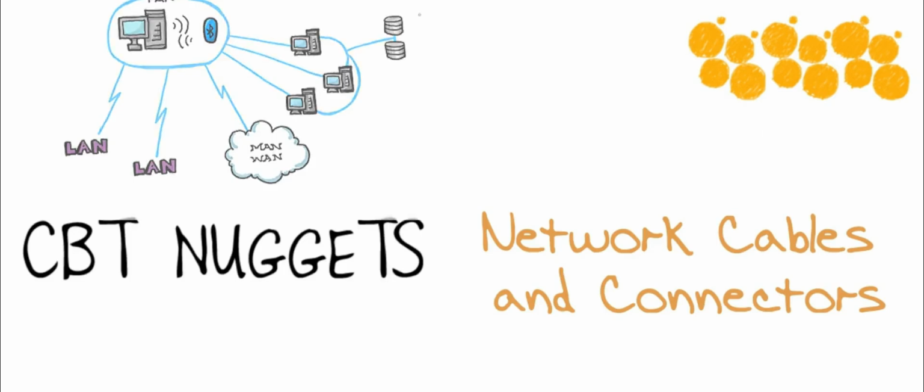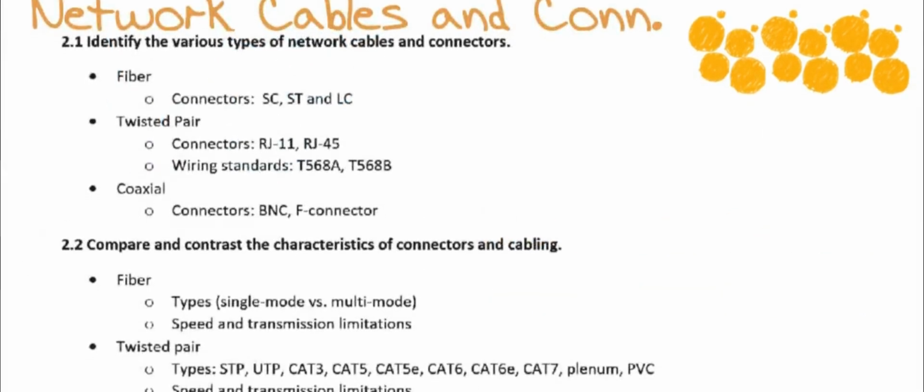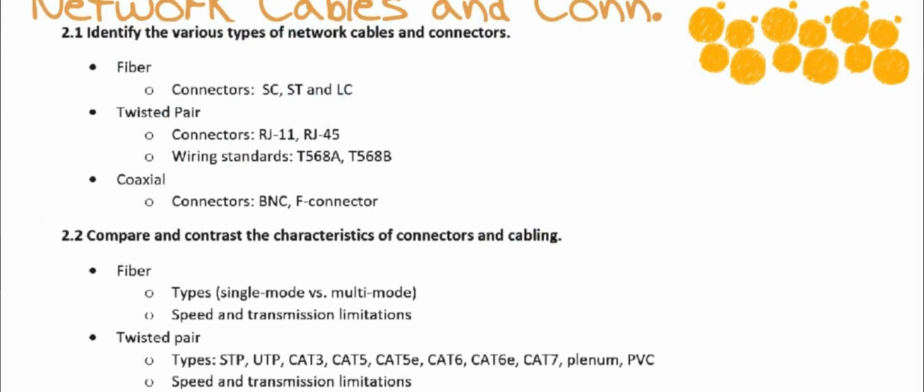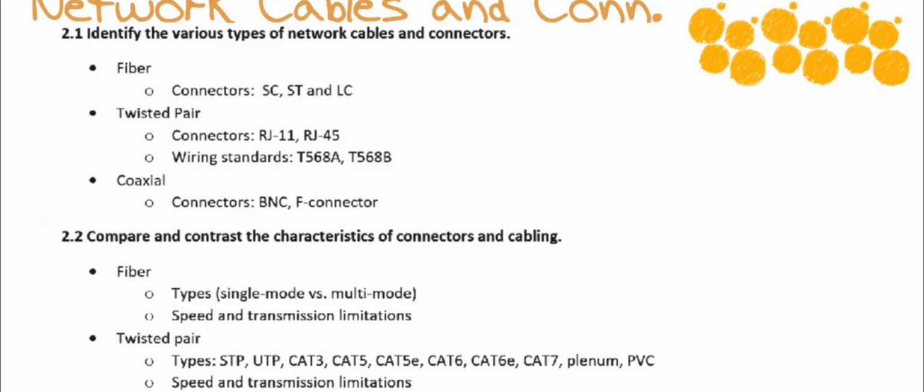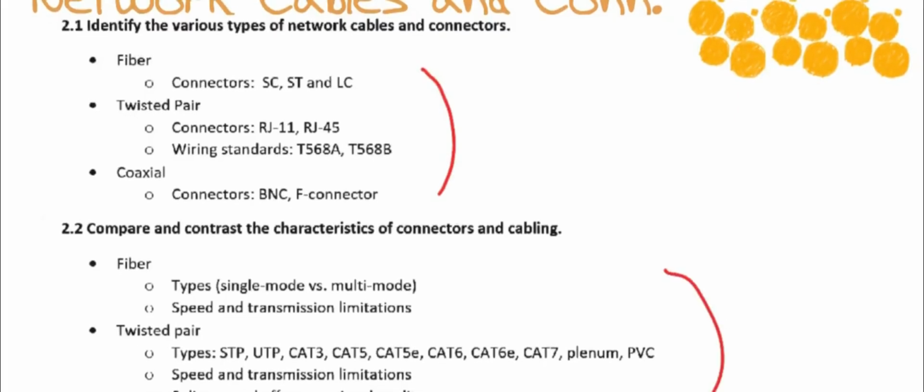Let's get started. Now, as you know, I am super careful in this course to cover absolutely everything in the blueprint and do it in order for you so you can easily coordinate the nuggets to the blueprint materials. When you look at this section of the blueprint, you'll see that they do connectors and then they do the cabling.